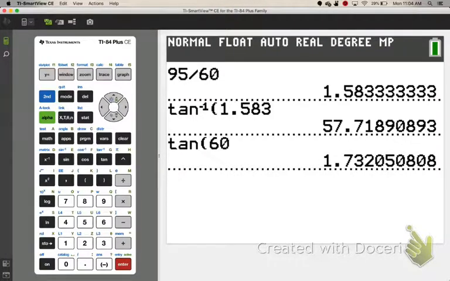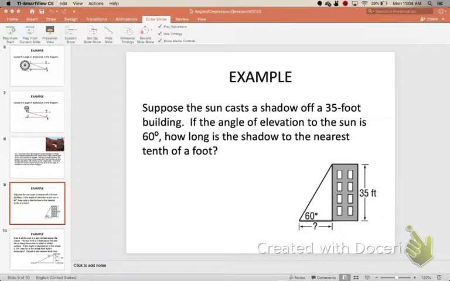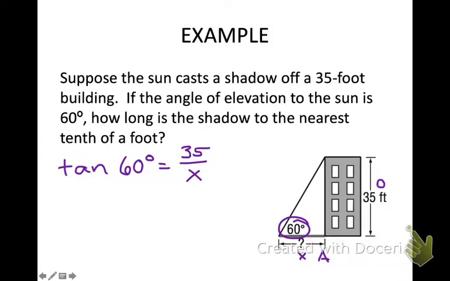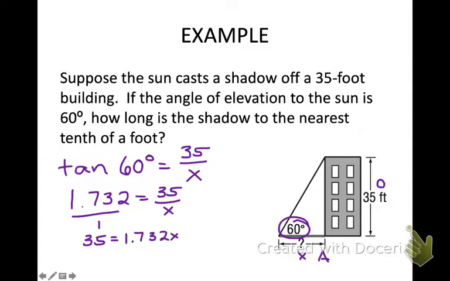Well, I don't know what that means. Let's go back to here. So what did we say that was? 1.732 is equal to 35 over x. Put that over 1. 35 equals 1.732x.